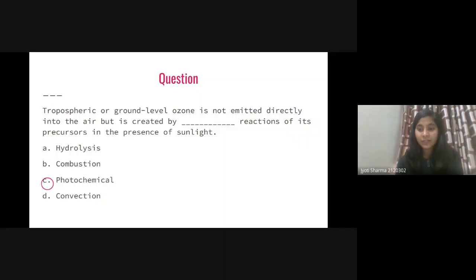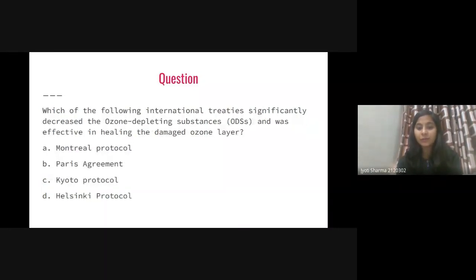In the presence of sunlight, these can lead to the formation of photochemical smog, and one of the main products of this photochemical smog is ozone. Photo means in the presence of light, and chemical is chemical reaction, so there will be a chemical reaction in the presence of sunlight. So yes, C should be the right answer.